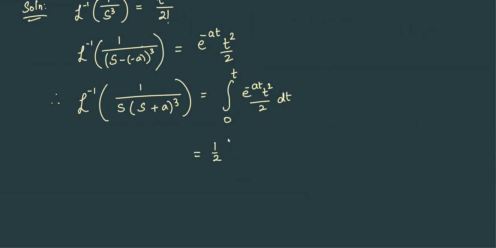Half comes out. First function we'll take as u square, second function e power minus au. So first function into integral of the second, apply the limits, minus integral of derivative of the first, 2u, into integral of the second.